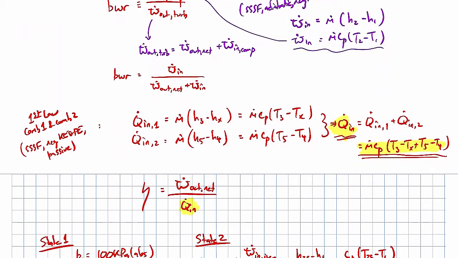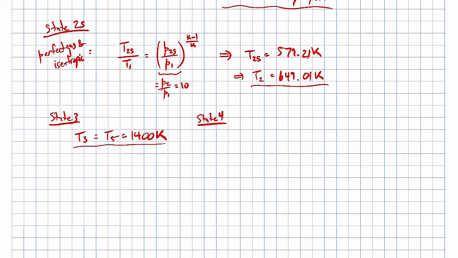So we're going to make use of the isentropic efficiency for the turbine. Recall that the definition of that is the power that we get out of the actual turbine divided by the power that we get out if it was isentropic. So this will be H3 minus H4 all over H3 minus H4S.